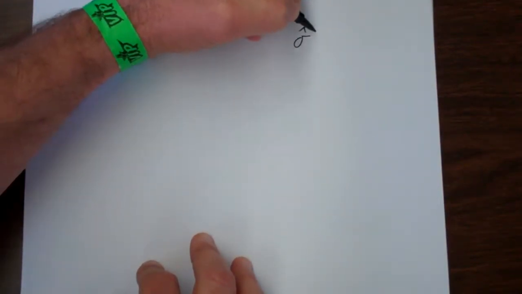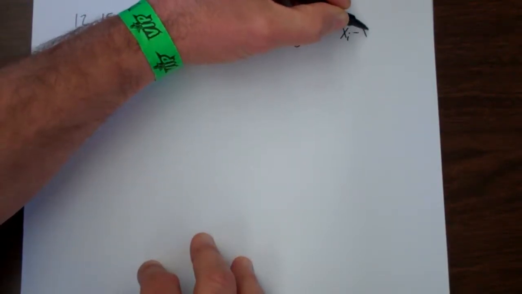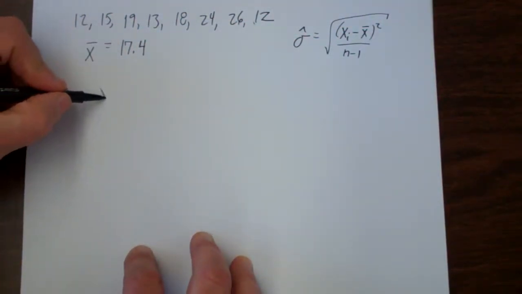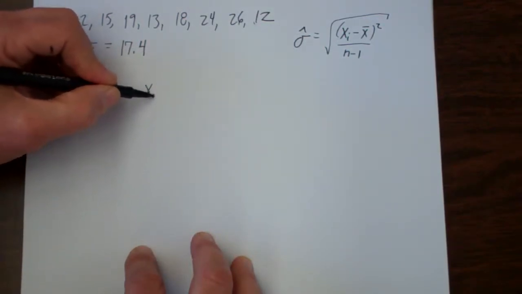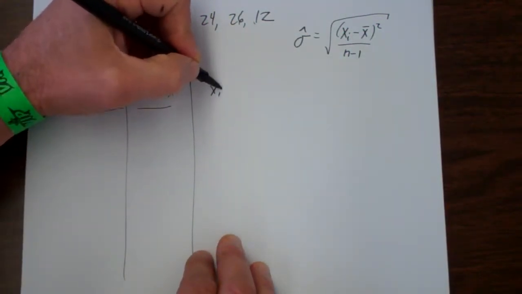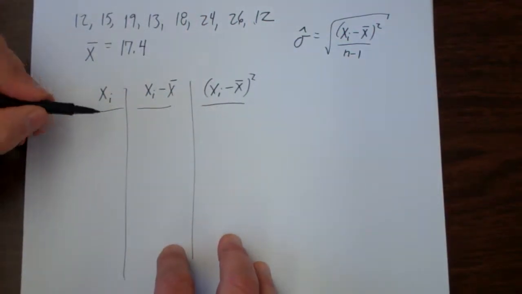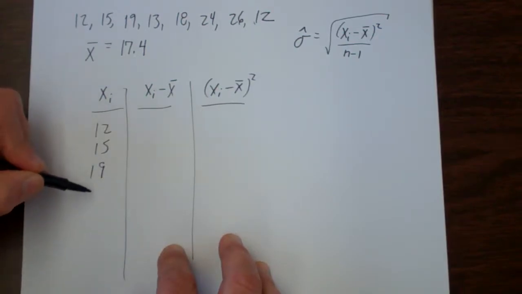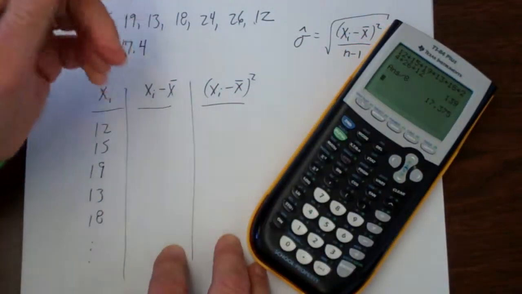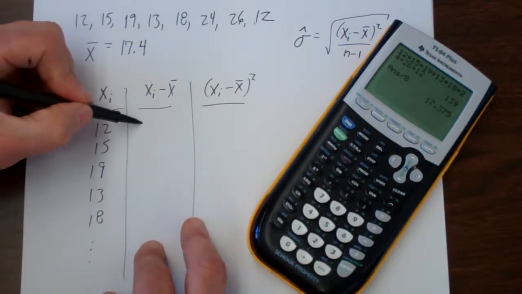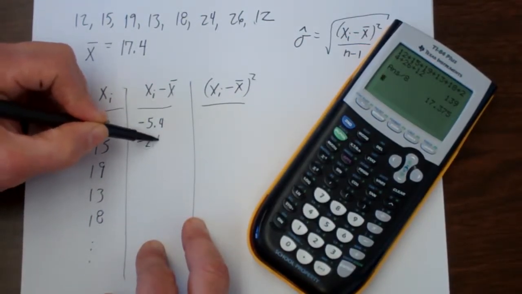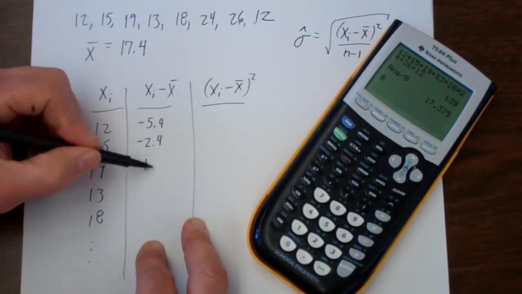Now the easiest way to do this is to write the formula over here: sigma hat is equal to the square root of the sum of x_i minus x bar squared, over n minus 1. I'm going to type in x_i minus x bar, and then square it. I'll put in 12, 15, 19, 13, 18, etc. 12 minus 17.4 is minus 5.4. 15 minus 17.4 is minus 2.4. 19 minus 17.4 is 1.6.